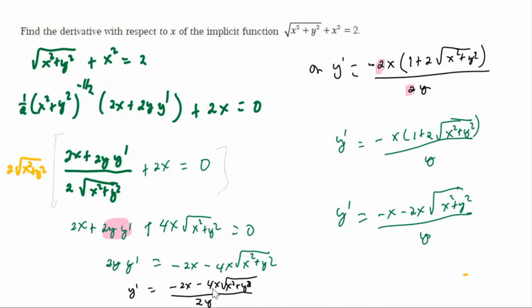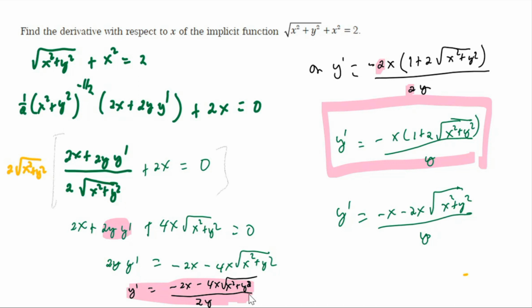In this case, at this point here, we can already reduce the coefficients of negative 4x with the 2, and also negative 2x over 2y. We can also cancel that one. But anyway, I already showed here how it was done. But it's okay if you're going to stop your answer up to this point, or you can stop your answer up to this point.